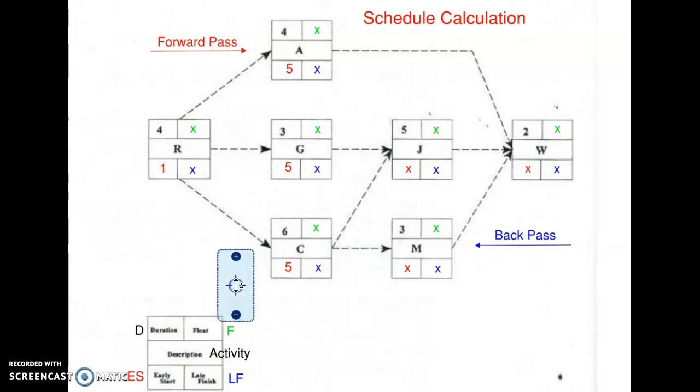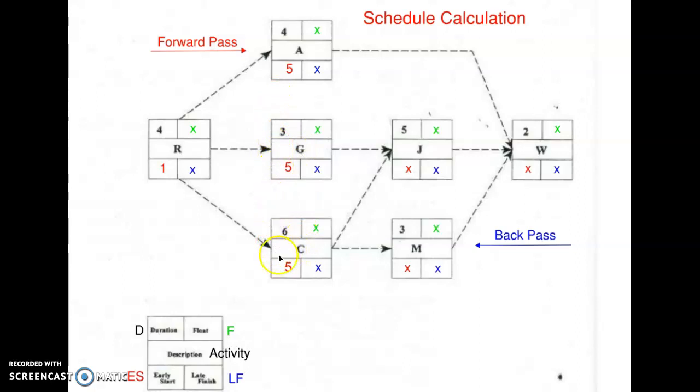So what this is saying is that I have relationship lines here. And you can see that these lines start here at R, activity R, and then they extend out to the next activities, which are A, G, and C. So that means that A, G, and C cannot begin.